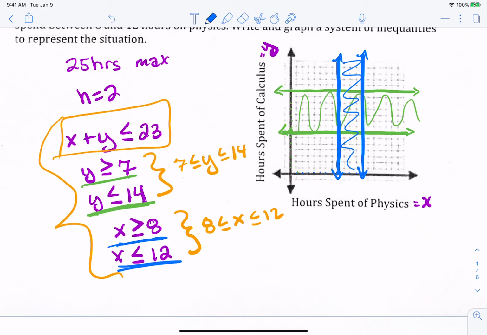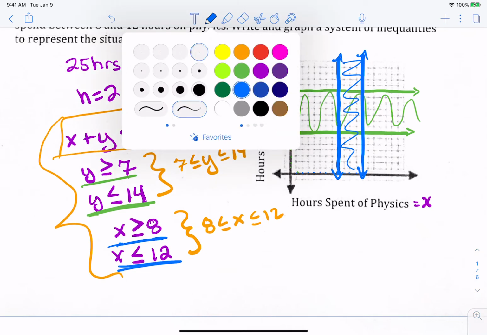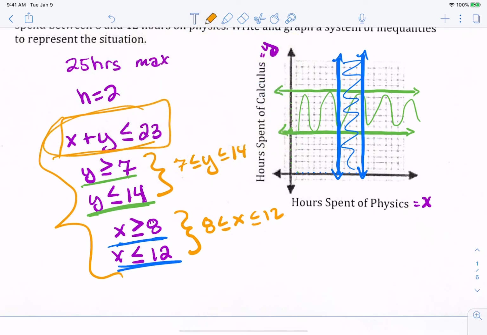We have one more thing to graph, and I'm going to do this one in orange. But I am not ready to graph it yet. X plus Y is less than or equal to 23. What do we need to do before we graph? We have to get the Y by itself.